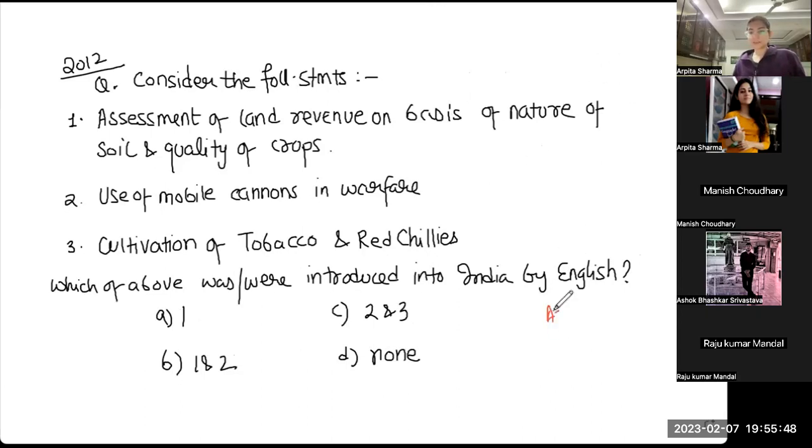Okay, so Ashok is saying D. You can use the elimination technique over here also.